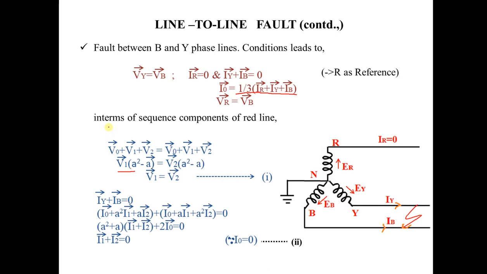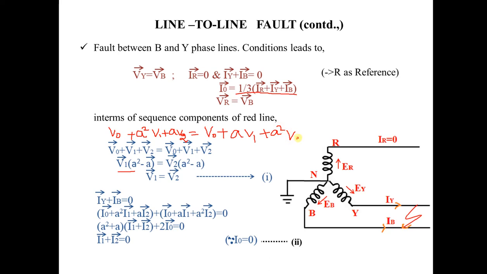The equation will be V naught plus a square V1 plus a V2 equal to V naught, which stays the same, plus a V1 plus a square V2.